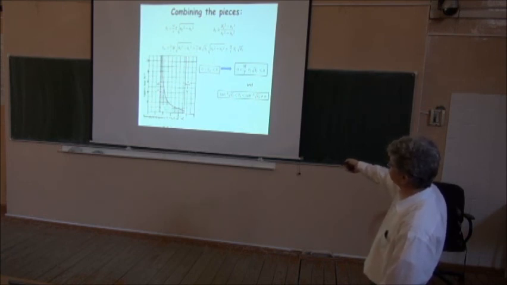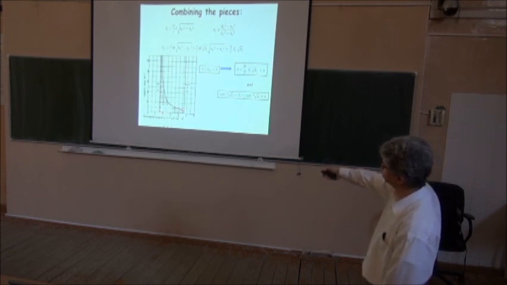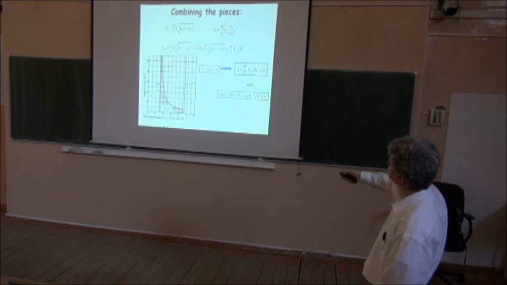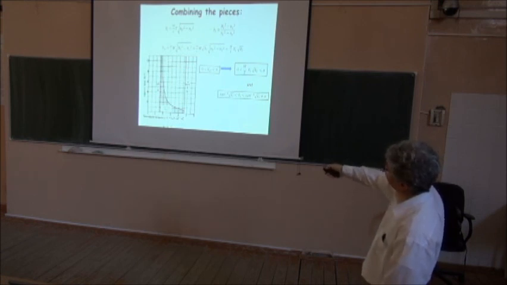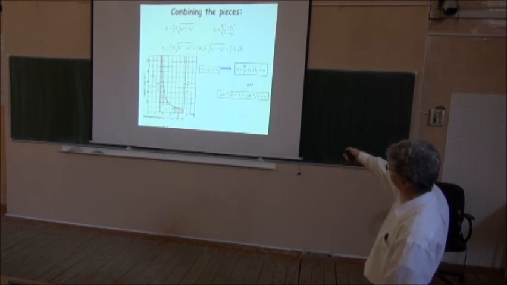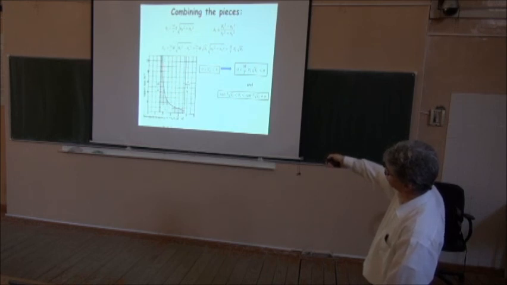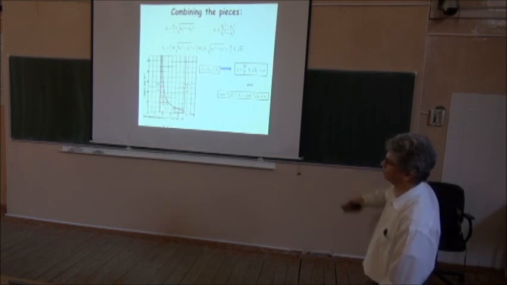So the range of V1 goes from pi over 2 to 3 pi over 2 there. And I can find the region that I have for the aspect ratio. I can take this limit and insert it there and find the limits of my aspect ratio. So I see that my aspect ratio should, for those calculations, be smaller than this number. And inside this area here, I'm going to have single mode operation.